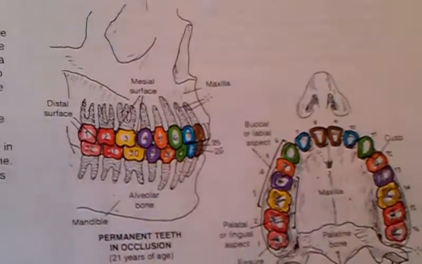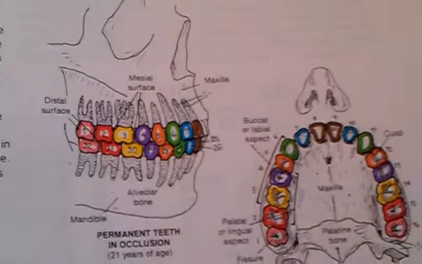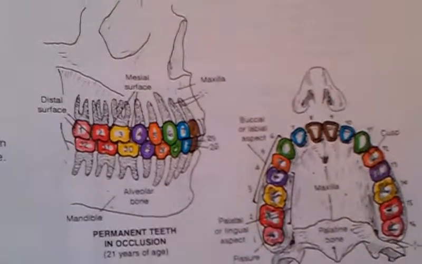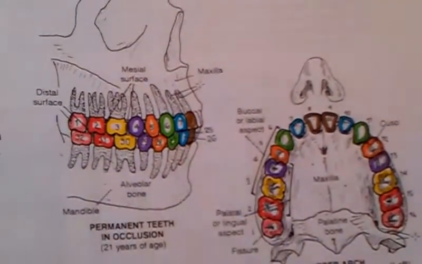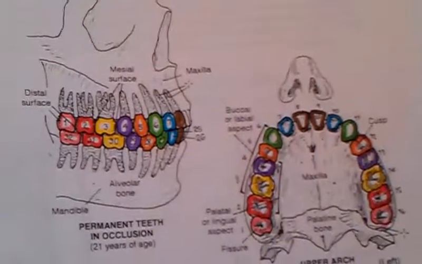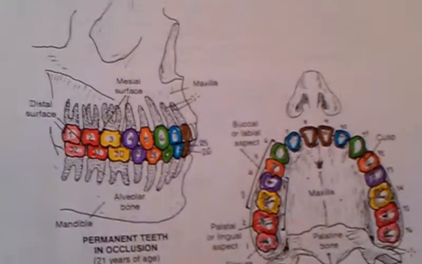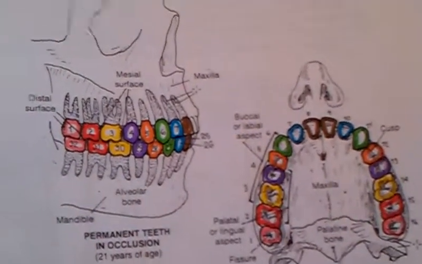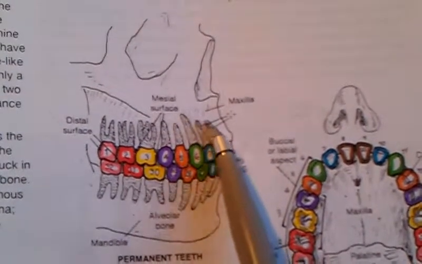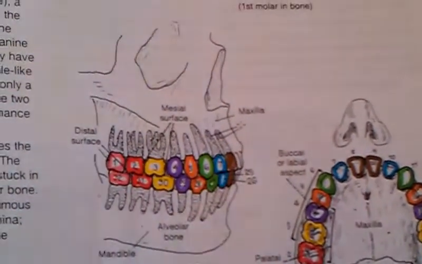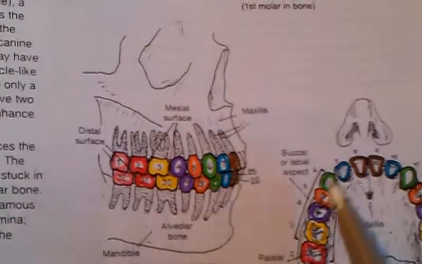The crown has a biting surface that is simply an incisal edge, so it's made to cut off when you're eating. And the root, as you can see, is simple. Only one.